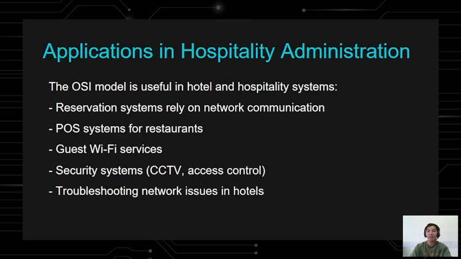In addition, the OSI model helps IT staff in hotels to troubleshoot network problems more easily, by understanding each layer, they can identify where an issue occurs, whether it is in the physical connection, data transmission, or application services.